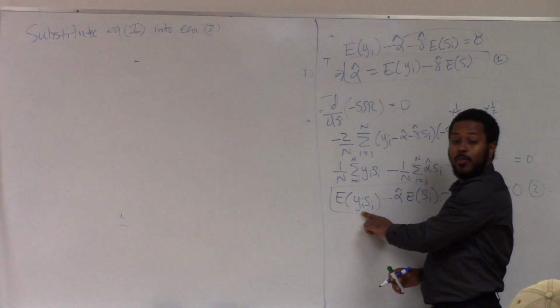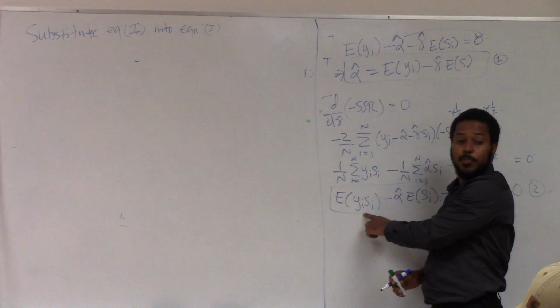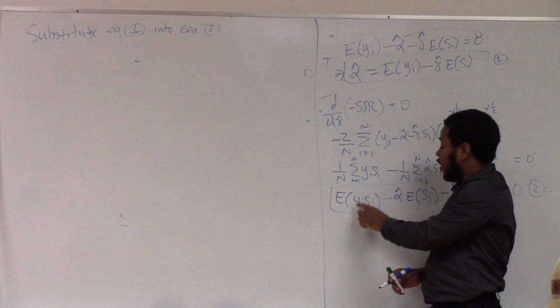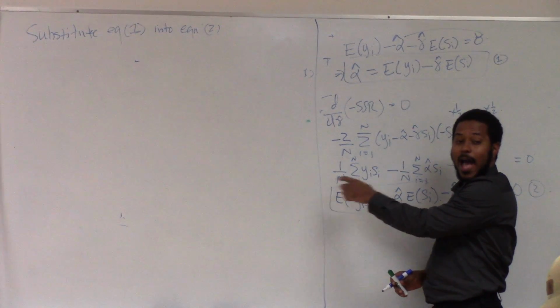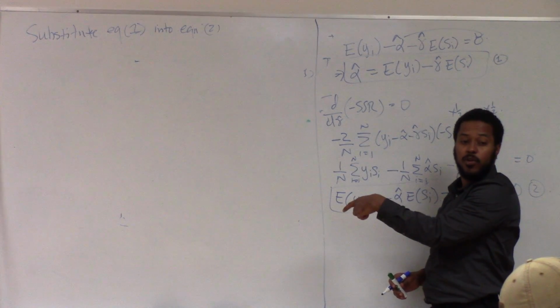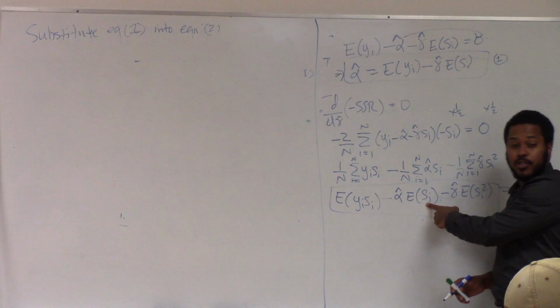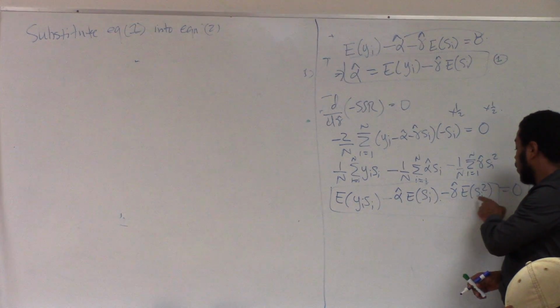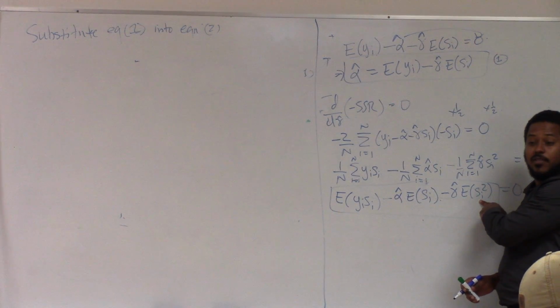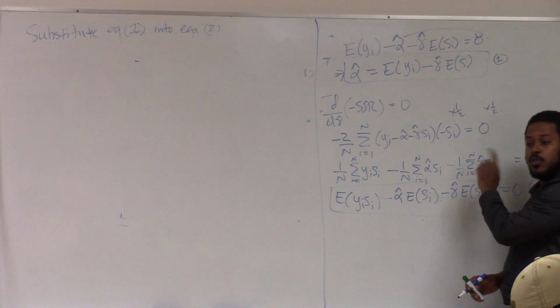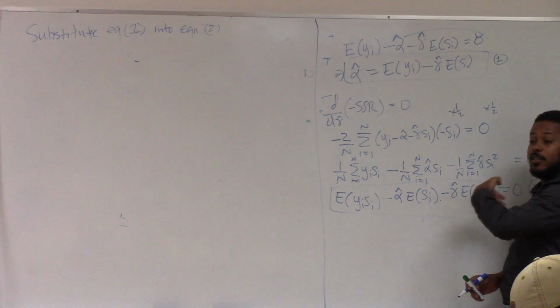We know what the log wages are, and we know what the schooling is, so we can compute this from the data. We can just take the log wages multiplied by the schooling, add it up for everybody, and divide by n. We can figure out the average schooling by just looking at the data. We can figure out the expected value of schooling squared by looking at the data too: just take the schooling for each person, square it, add it up over everyone, and divide by n.